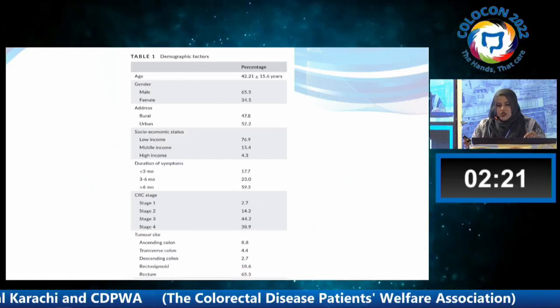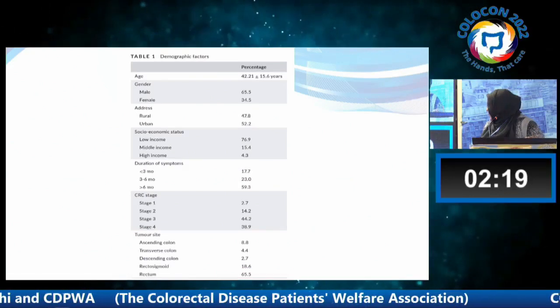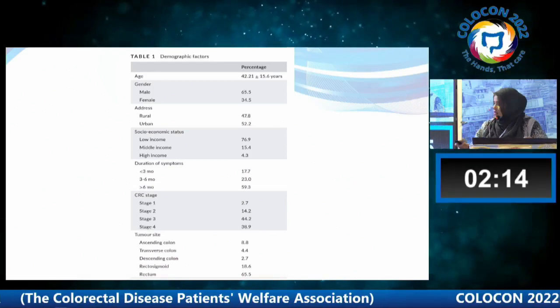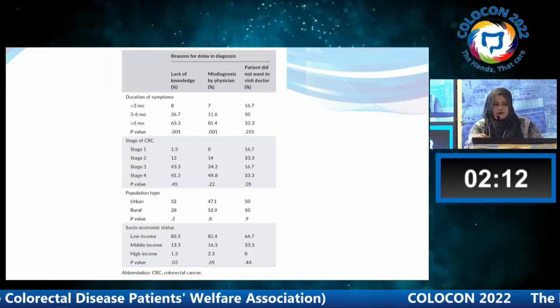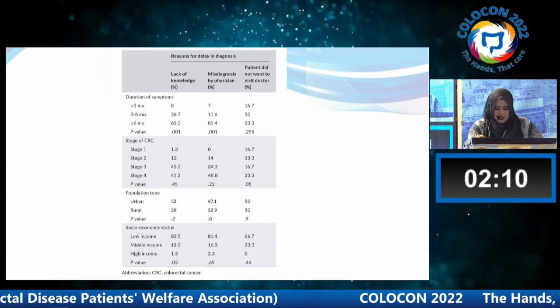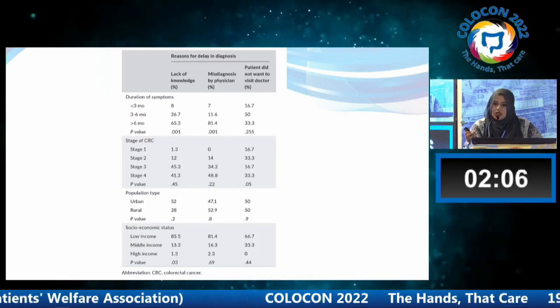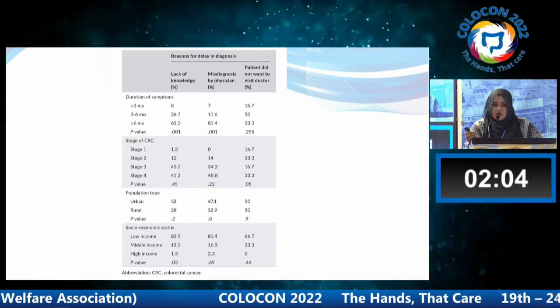The least common site was transverse colon. Out of this, 44% were stage 3 and 39% were stage 4.